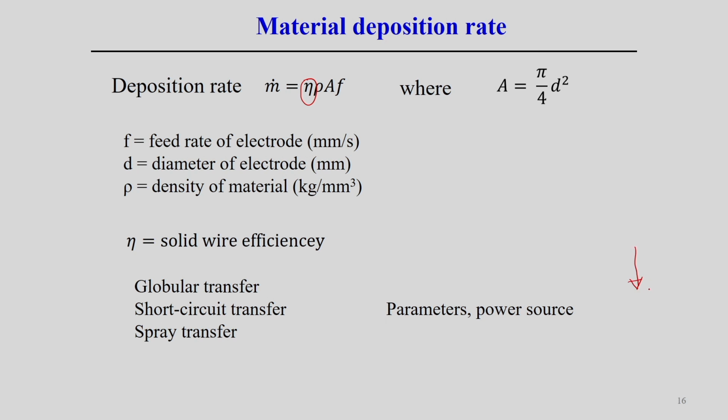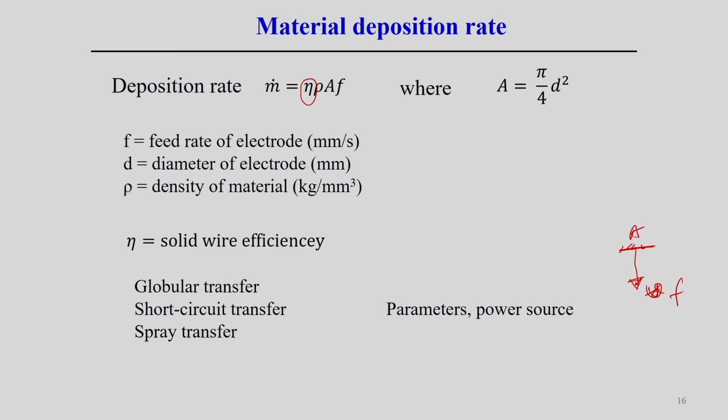Suppose F is the feed velocity in a particular direction, and normal to that direction we consider the cross-sectional area. Assuming the diameter of the wire is d, the cross-sectional area A equals pi by 4 d square.